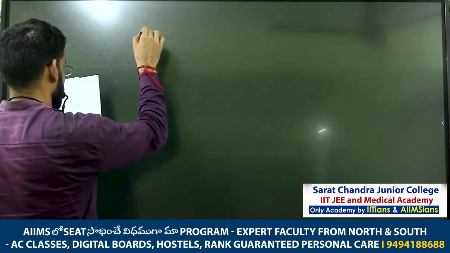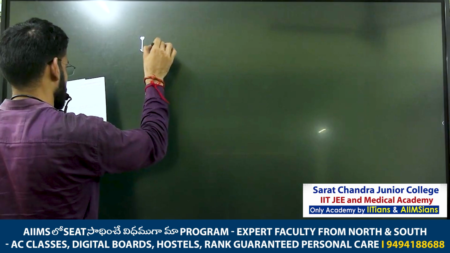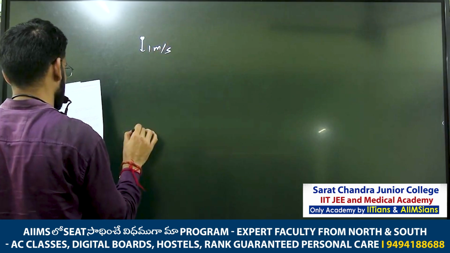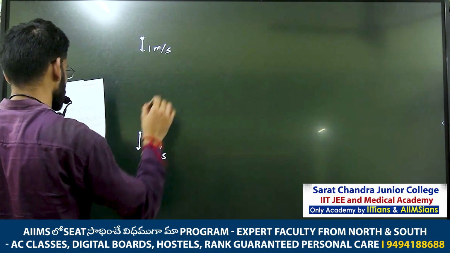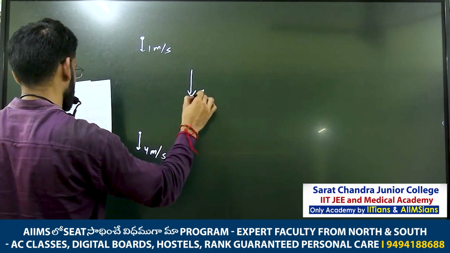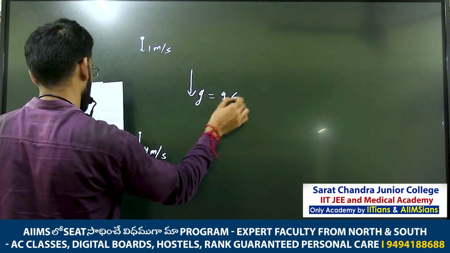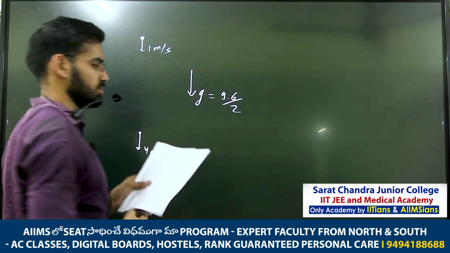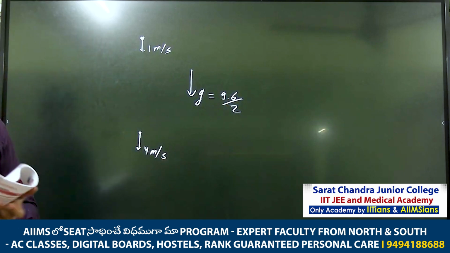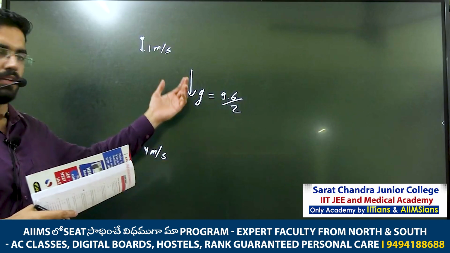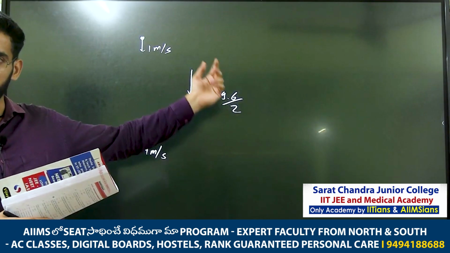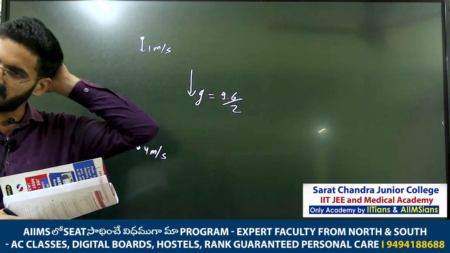So here you have 1 meter per second, and here you have 4 meter per second. Gravity is g, 9.6 by 2. I think like this he is writing. Basically gravity was 9.8 only, but some air resistance is there, so the net is 9.6, like that maybe he wrote.